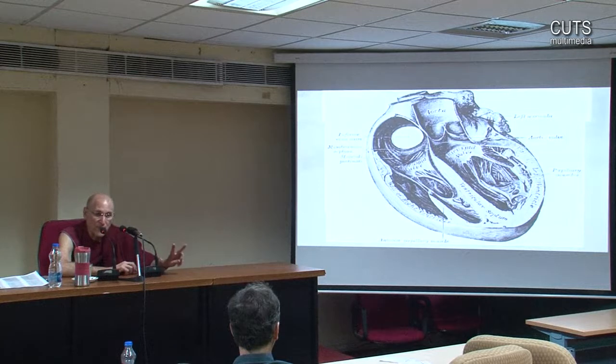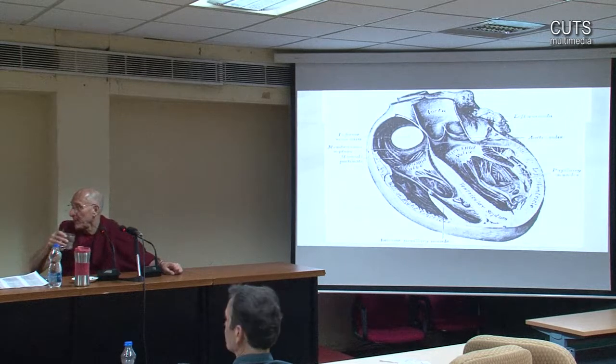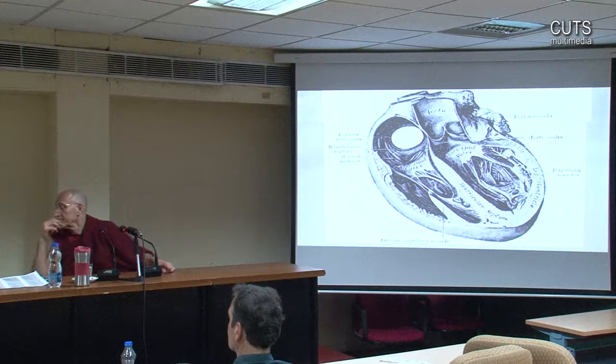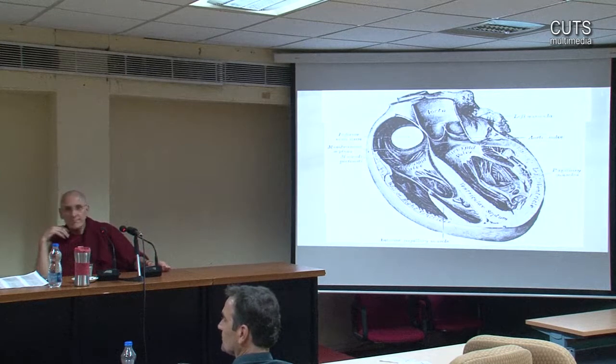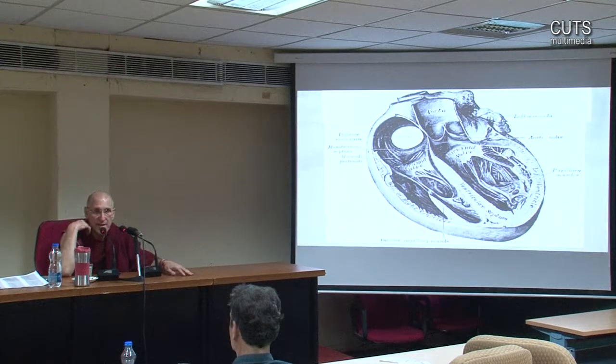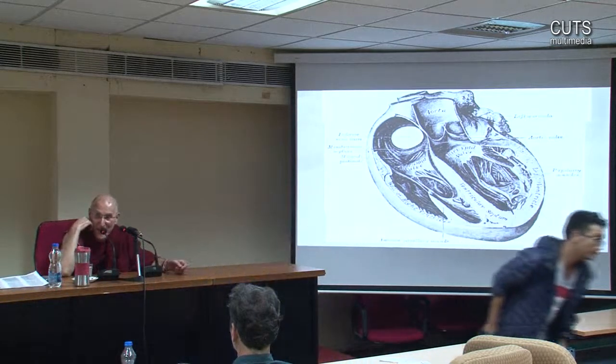Now why do we have 2 ventricles? Anybody have an idea? What else have we not talked about here? How does the blood get oxygenated? Lungs. So how do we get the blood to the lungs to oxygenate it? How do we do that?